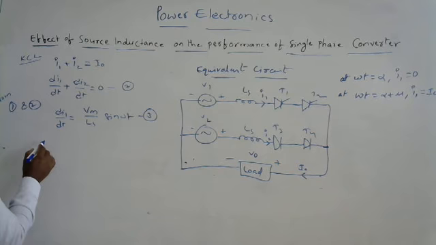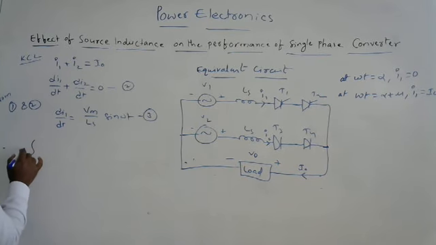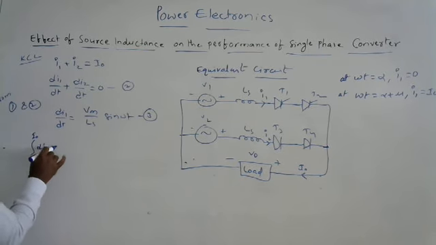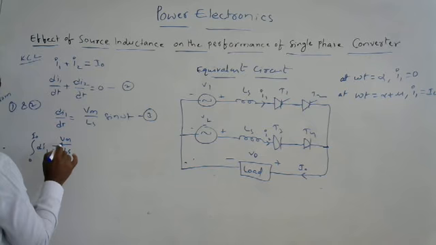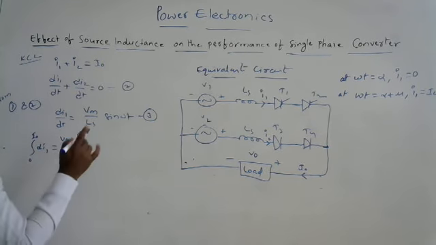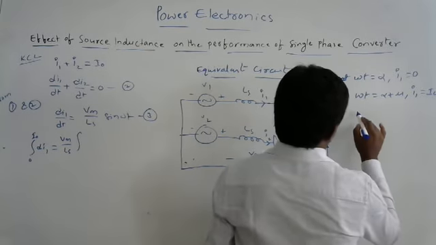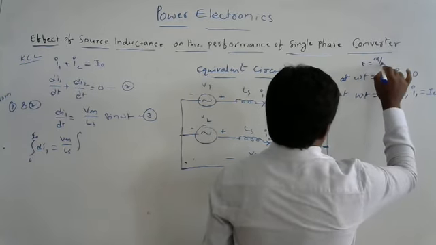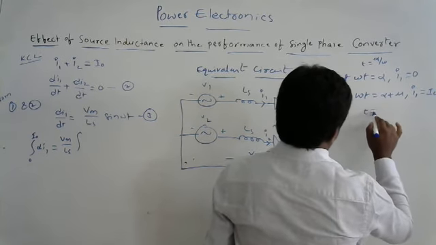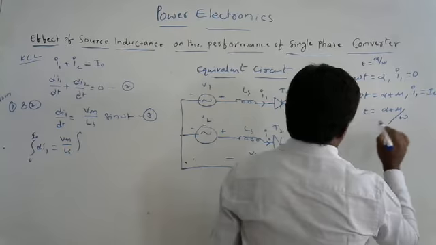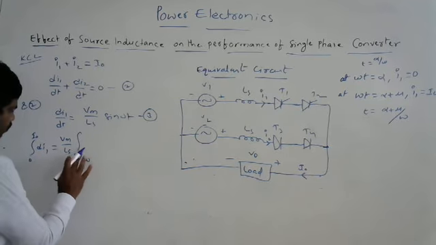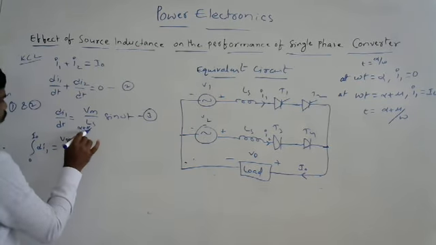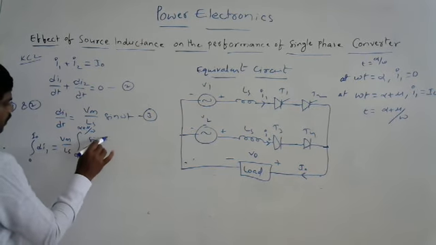That is, the integral from 0 to I0 of di1 is equal to Vm upon Ls, the constants, times the integral over the time interval from t equal to alpha upon omega to t equal to alpha plus mu upon omega of sin omega t dt.